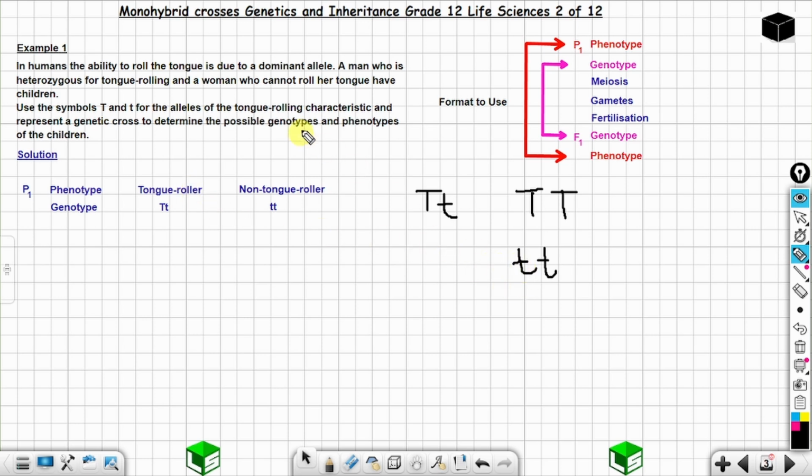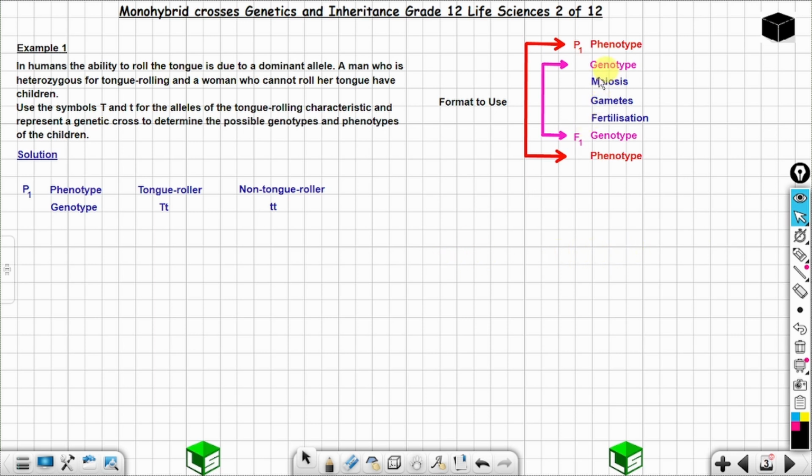For the woman to be a non-tongue roller, you must have two of these. Okay, so this is the genotype for the woman. Okay, the genetic makeup. Okay, so we carry on.